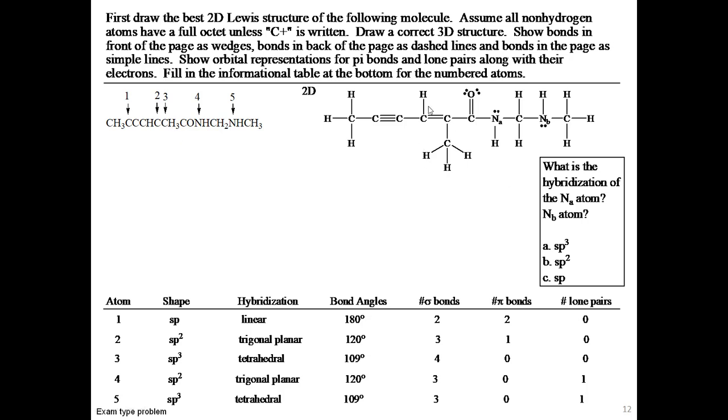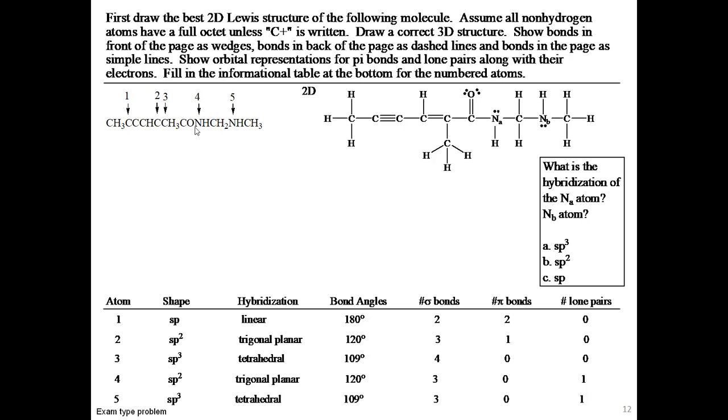So the one that I did before does have a hydrogen here. So the one that has the methyl on it, the CH3 here, does not have a hydrogen. I'm pointing at the methyl here. I'm sorry about that. So the methyl right here has no pi bonds. So that's going to be tetrahedral. It's going to have 4 sigma bonds, no pi bonds, no lone pairs.